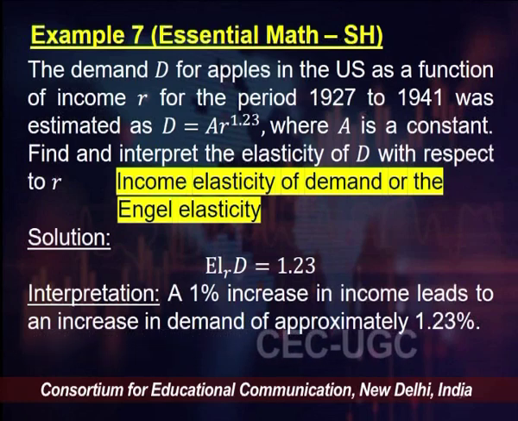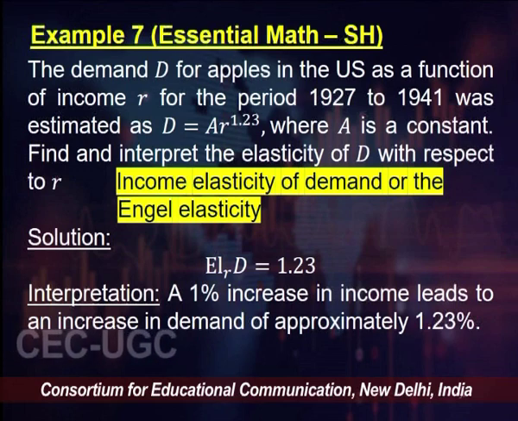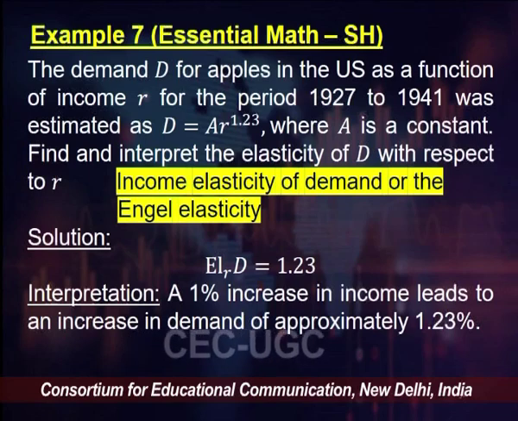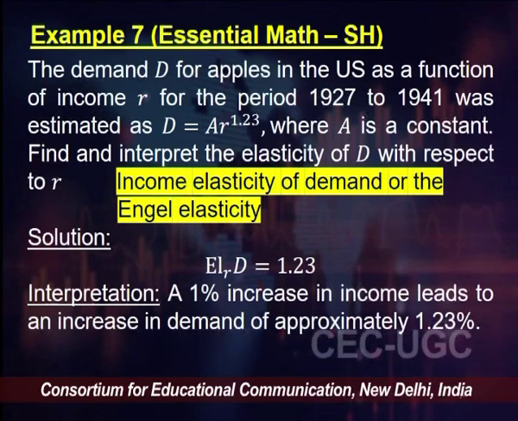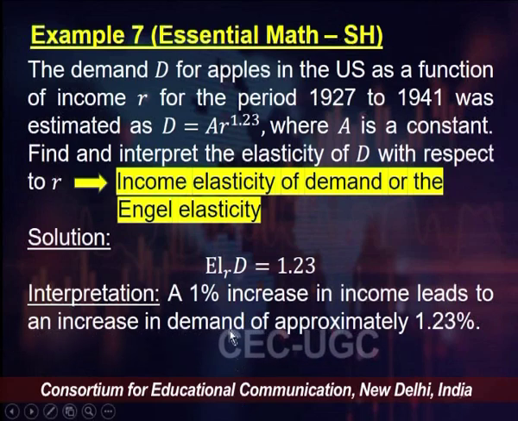So the demand will increase at each price, that is to say a 1% increase in income will lead to an increase in demand also. In this case, it is an increase in demand of approximately 1.23%. And if it leads to a decrease in demand, that's going to be the case of an inferior good.